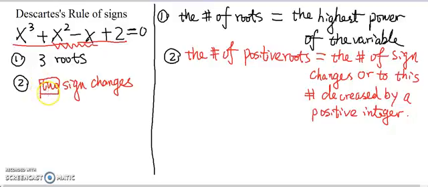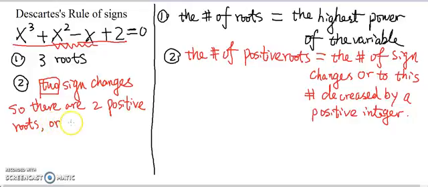And so the number of possible roots could be, there are different possibilities. We can say there are 2 positive roots. That's just one of the possibilities. Or 0 positive roots.